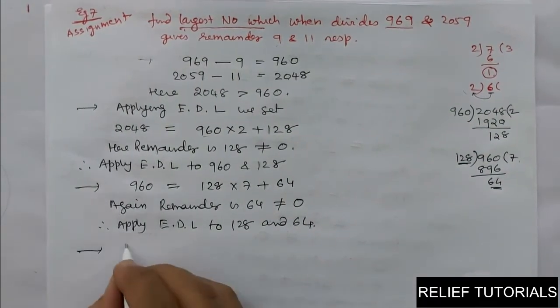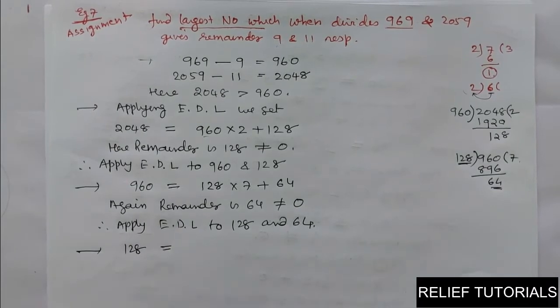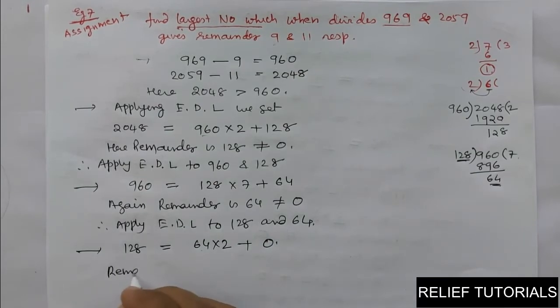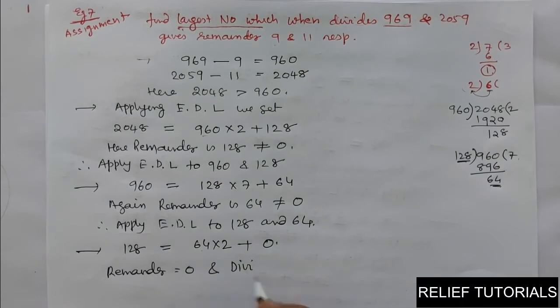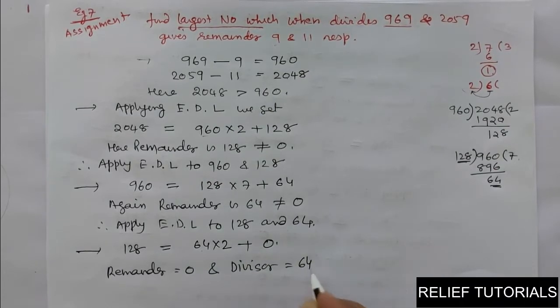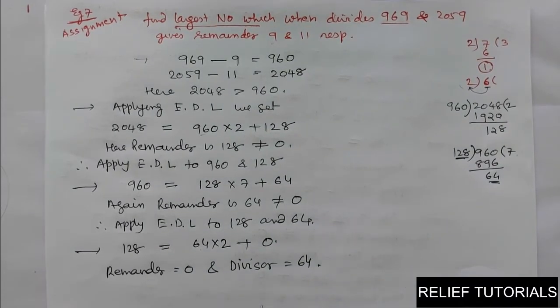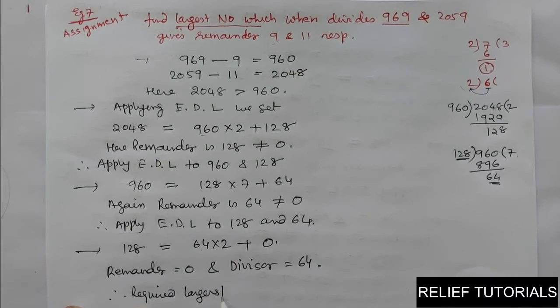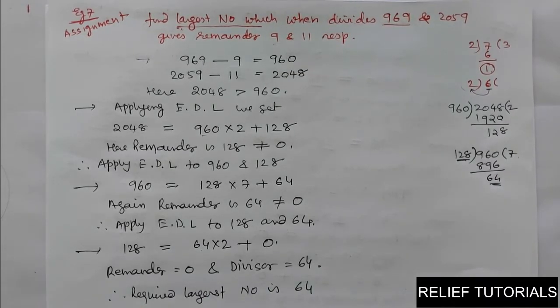So now 128 equals 64 into 2 plus 0. So remainder is equal to 0 and divisor is equal to 64. So therefore required HCF, the required largest number, is 64. Have you got it?